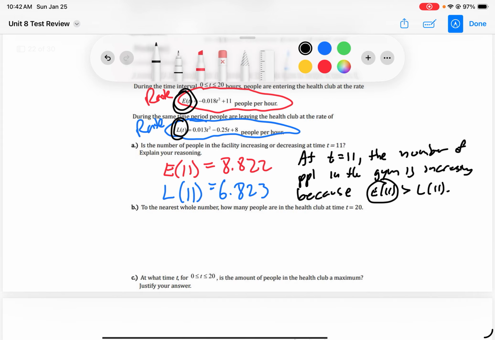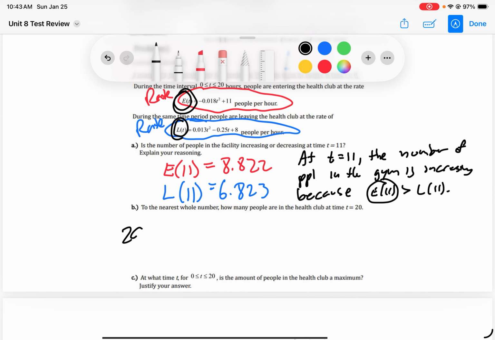Okay, to the nearest whole number, how many people are in the health club at time t equals 20? All right, so at time 20, I have to add up all the people that entered, and I gotta subtract all the people that exited, and then add 29 because there's already 29 people in there.